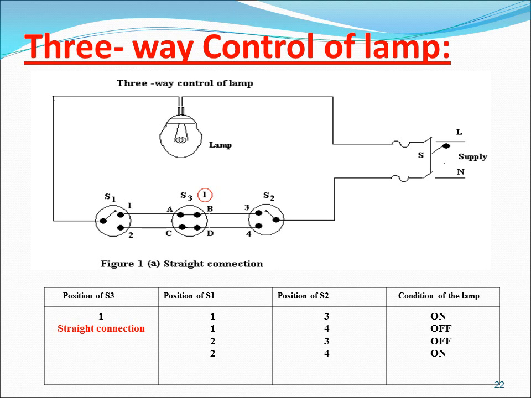The first one, S1, S3, S2: here the S3 switch is connected in straight connection, so it's similar to the two-way control of lamp. When S1, S2 are in positions 1, 3 and 2, 4, the lamp is in on condition. If switched to 1, 4 and 2, 3, then the lamp is in off condition. This is the straight connection.